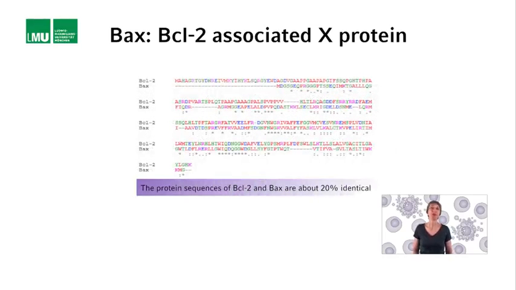BCL2. The amino acid sequences of Bax and BCL2 are about 20% identical. 20% identical means that 1 out of 5 amino acids in the sequence of Bax is identical to the corresponding amino acid in BCL2. This is actually not very much.